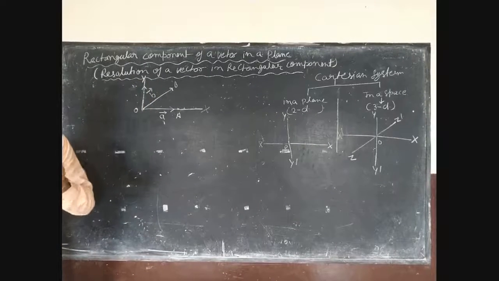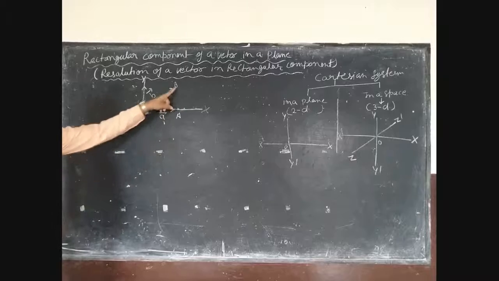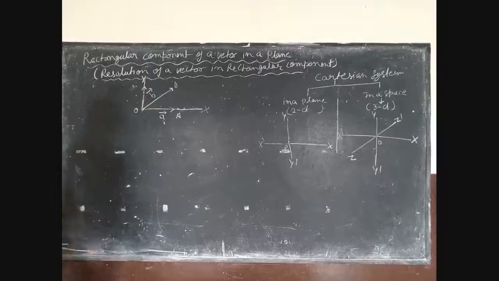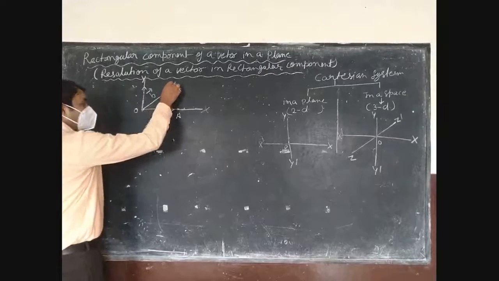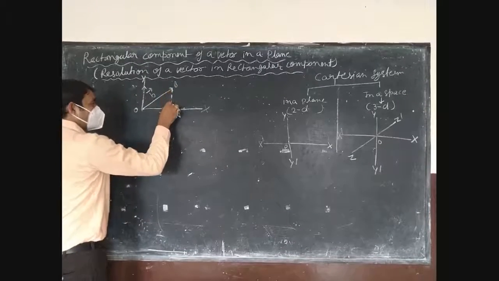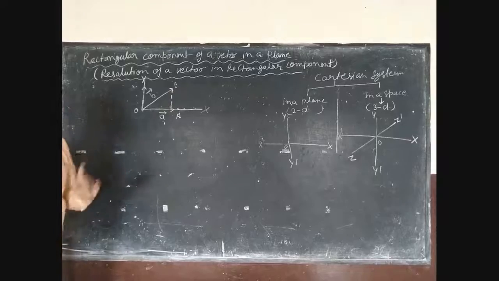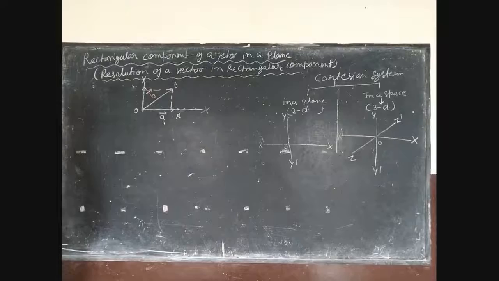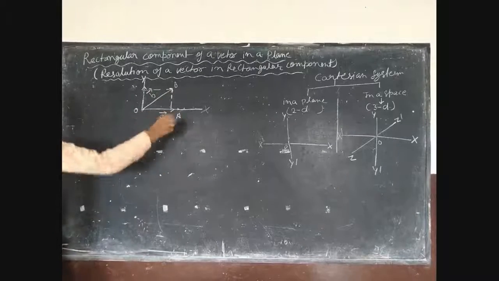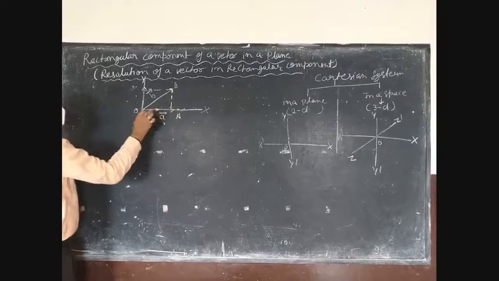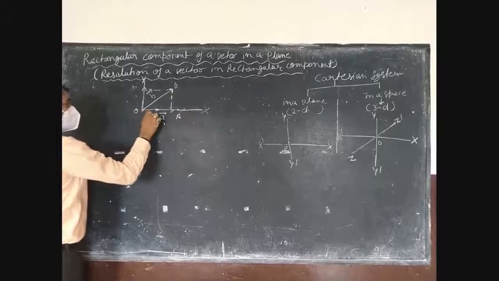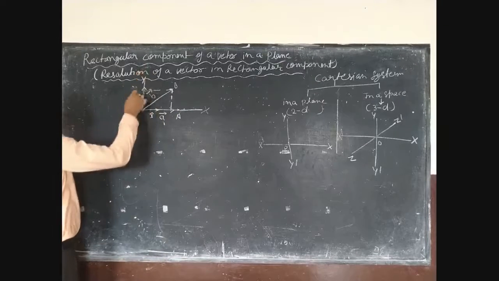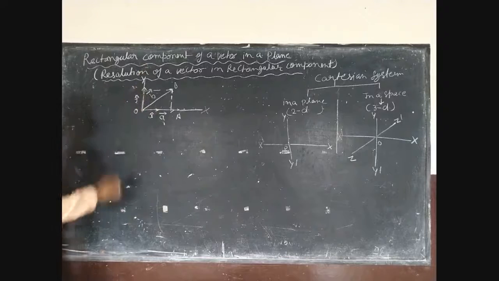For splitting it into the x and y directions, first we need to draw a perpendicular from point B on the x-axis and on the y-axis. Then the unit vector acting along the x-axis is i cap, and the unit vector acting along the y-axis is j cap.